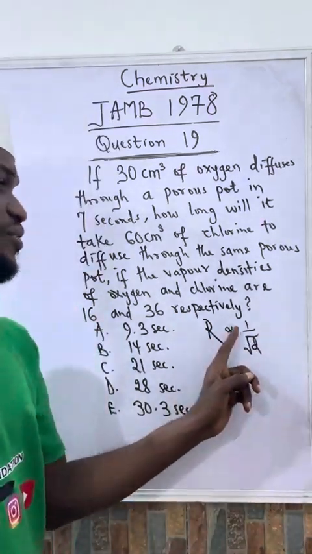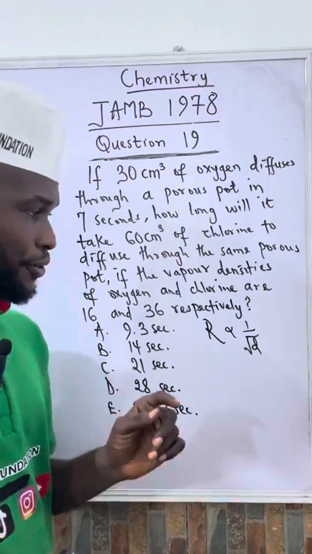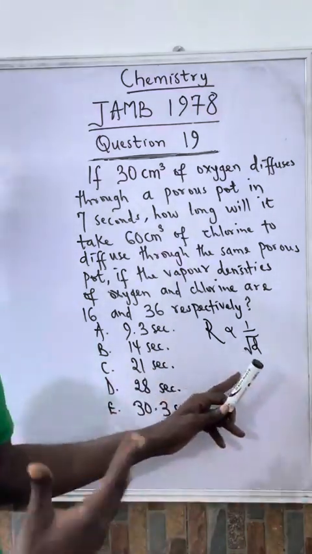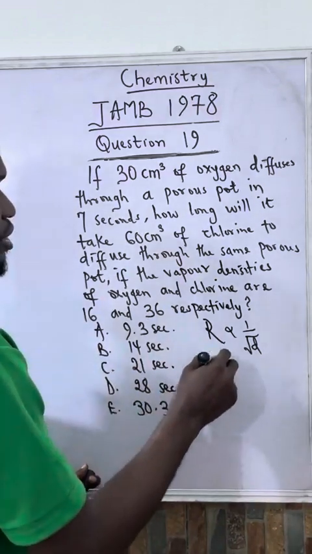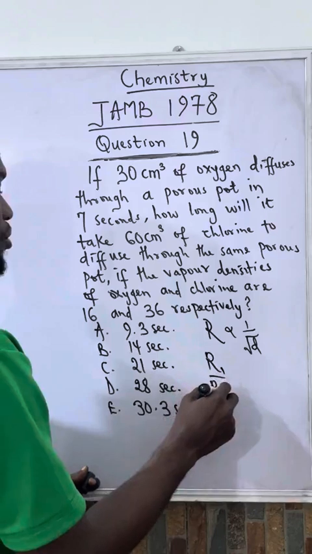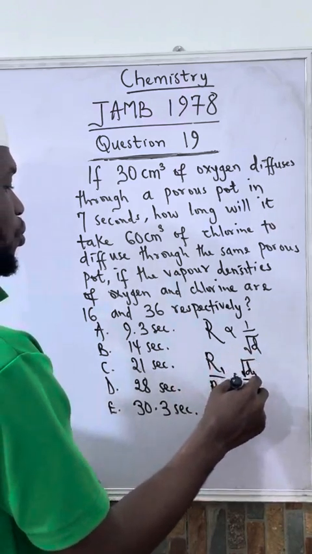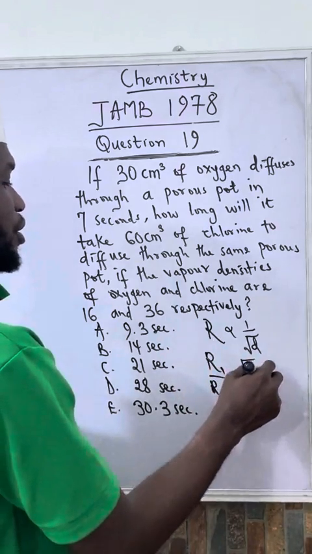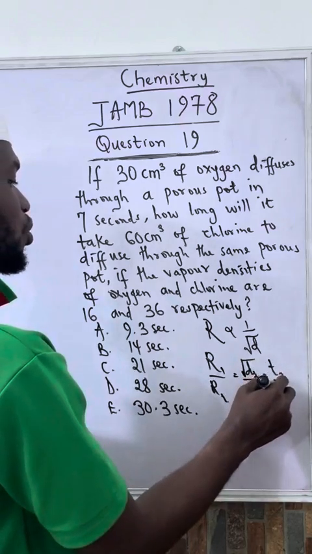That is, R is inversely proportional to 1 all over root D. I don't really need to show all this. At the end of the day, we are able to derive that R1 all over R2 will be equal to square root of D2 over root D1. This same will be equal to time T2 all over T1.